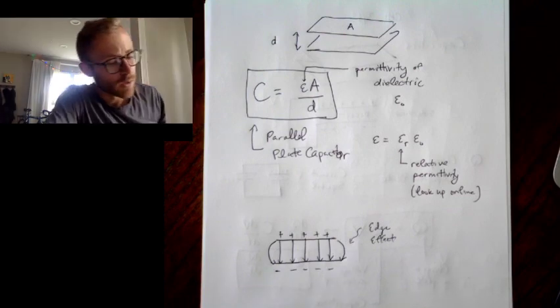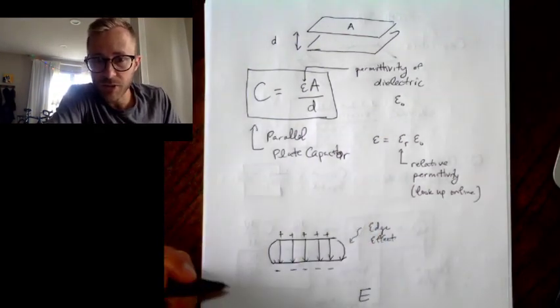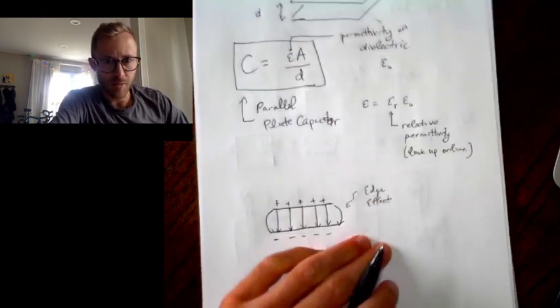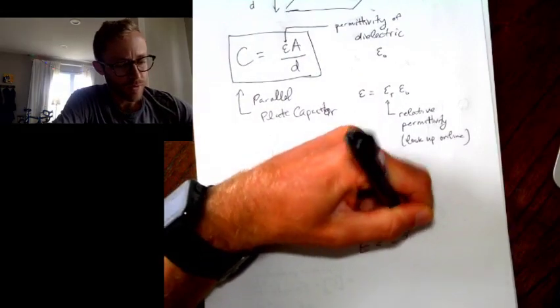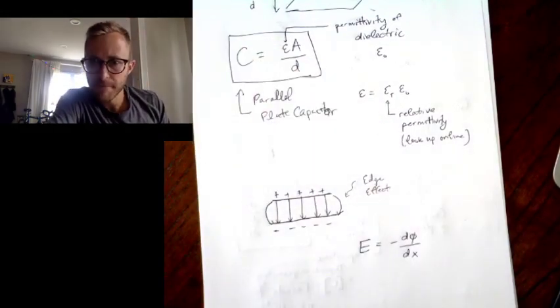You got it? We could actually approximate the size of the electric field between the capacitor plates, because you might remember that the electric field is minus the derivative of the potential with respect to distance.